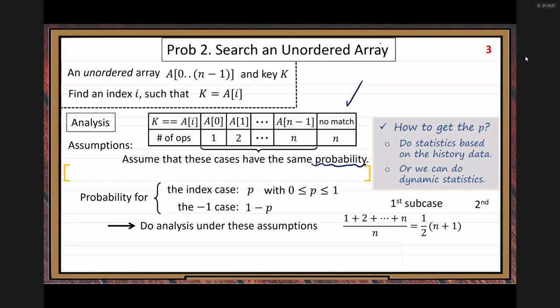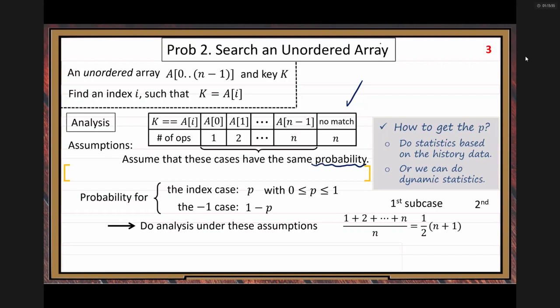For the first subcase, based on our assumption, the average is just the standard average: adding up all these comparison numbers divided by n. That's the average number of comparisons for the first subcase. So simple, based on the assumption.